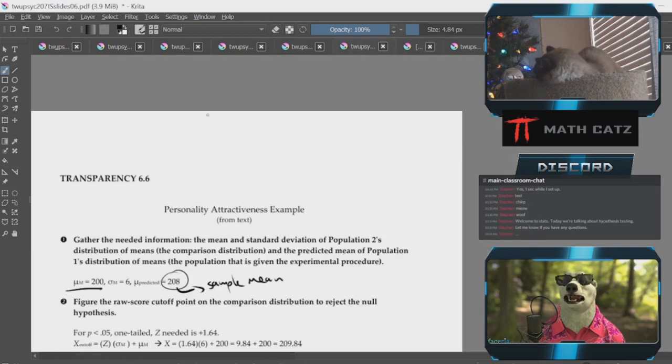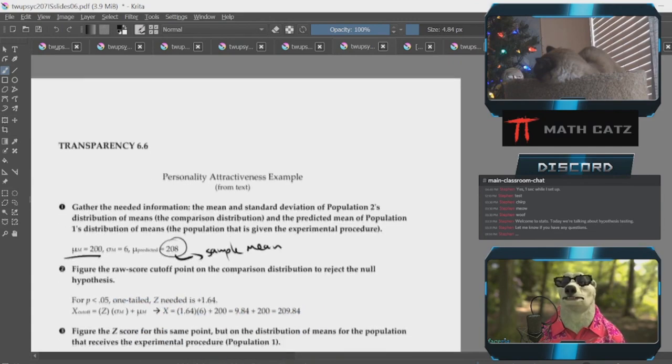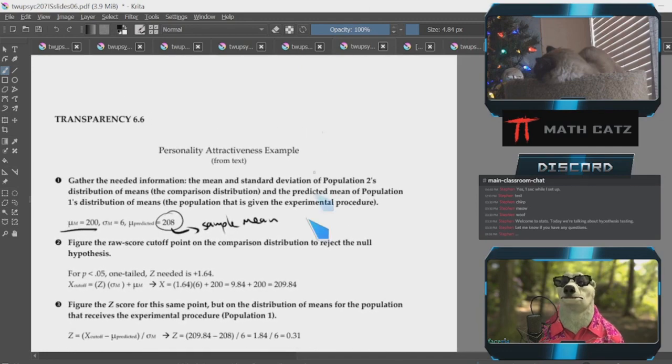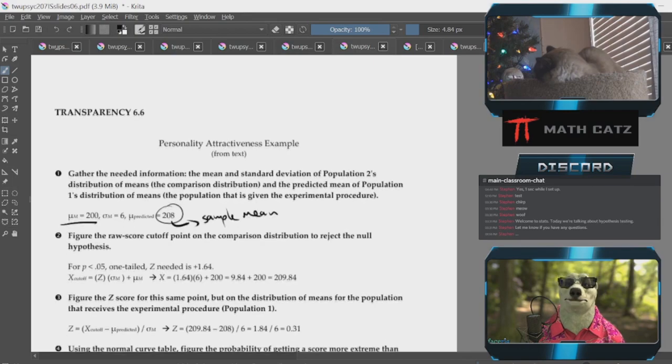So we got the raw score cutoff point, 209.84. Then we said, let's move that up on the distribution of means for the population that receives this new treatment, or the change, or something has happened, population 1. In that distribution, because we now assume the research hypothesis is actually true, the 209.84 corresponds to a z-score of 0.31.